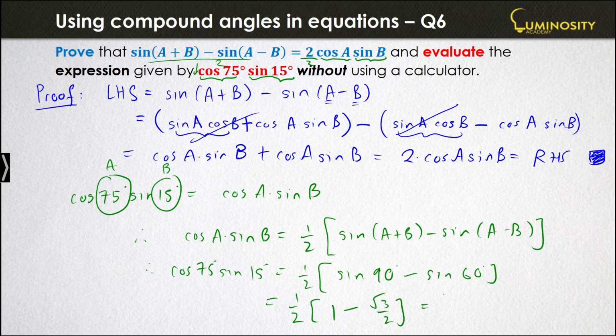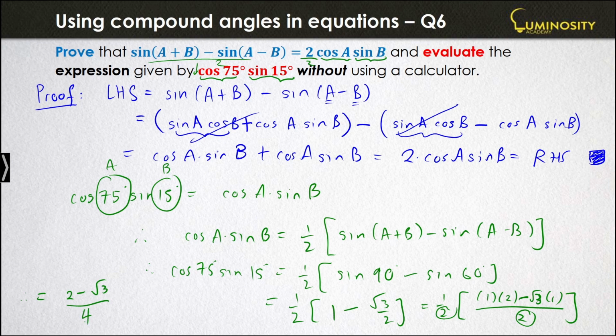If I'm subtracting fractions, the LCD here is 2, so it's going to be 1 times 2 minus root 3 times 1, all divided by 2. That's doing a lowest common denominator and then subtracting fractions. So therefore, the final answer is 2 minus root 3 in the numerator, and in the denominator we have a 2 times a 2, which is 4.